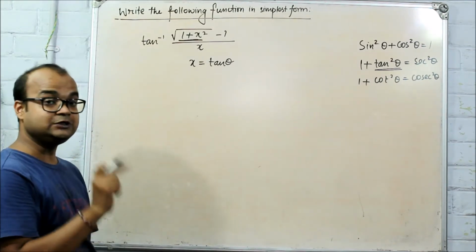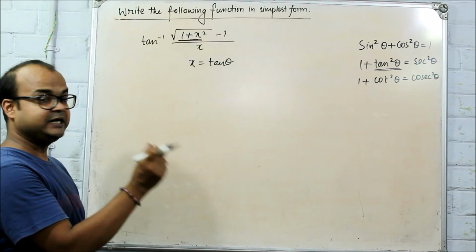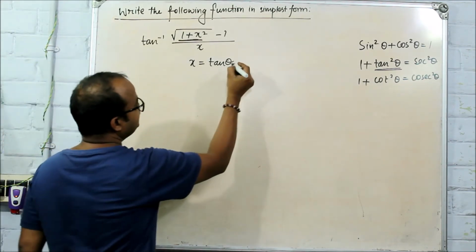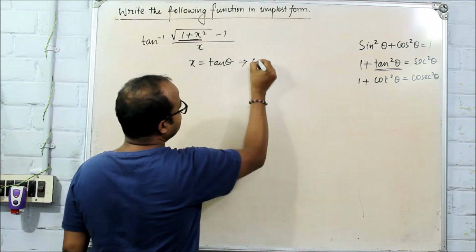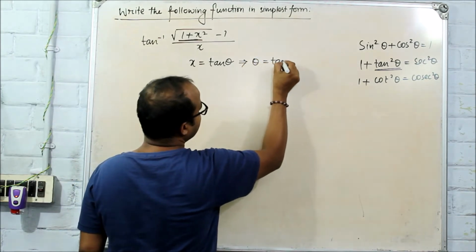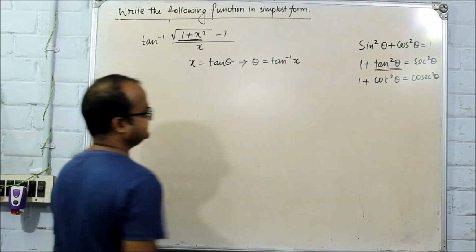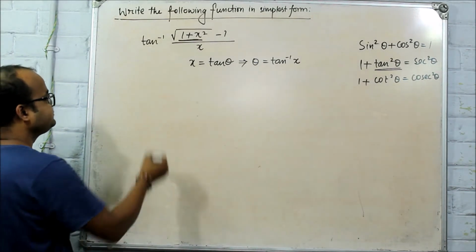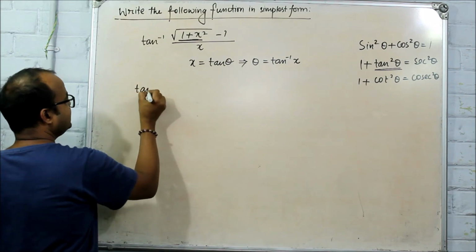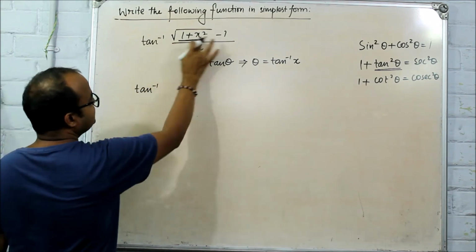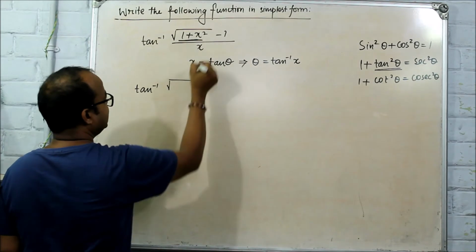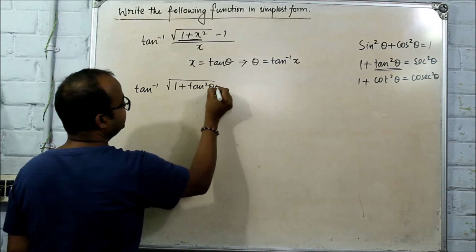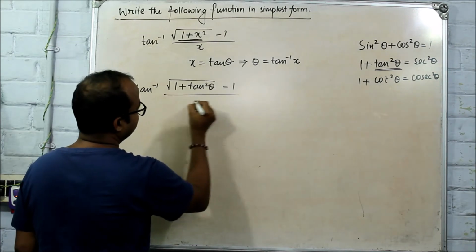We substitute that trigonometric function in place of our variable. So if x is equal to tan theta, it implies theta is equal to tan inverse of x. So in the tan inverse, if we substitute x is equal to tan theta, we will get 1 plus tan square theta minus 1 by tan theta.